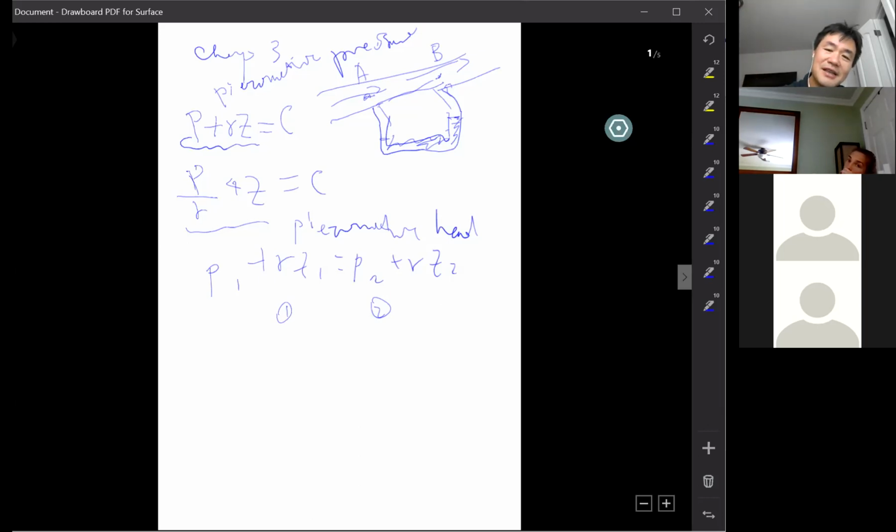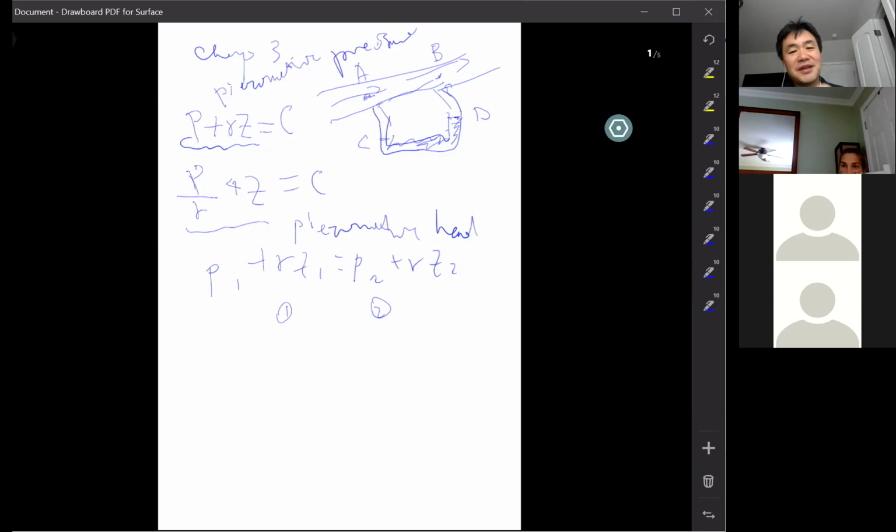However, you can convert A and B into C and D, because between A and C and between B and D, they are hydrostatics. There's no flow there. Between A and C, it's just stationary. Between B and D, also stationary fluid.